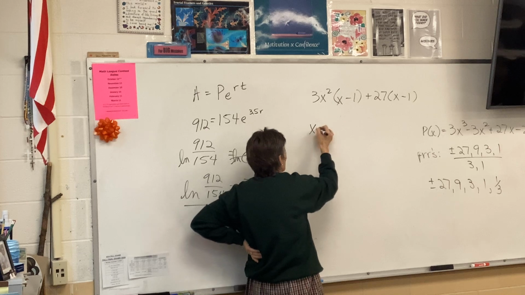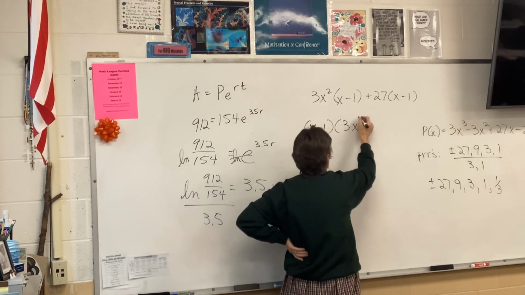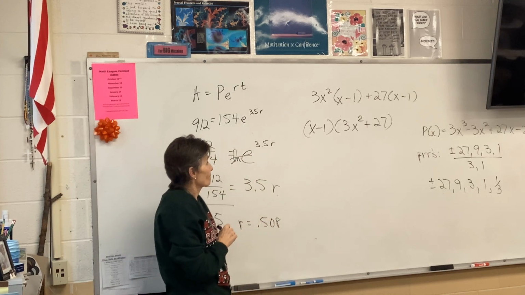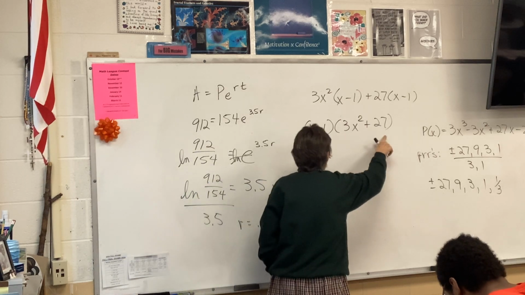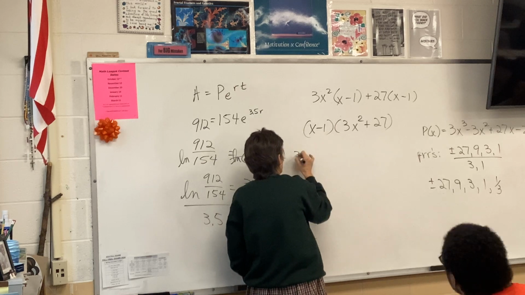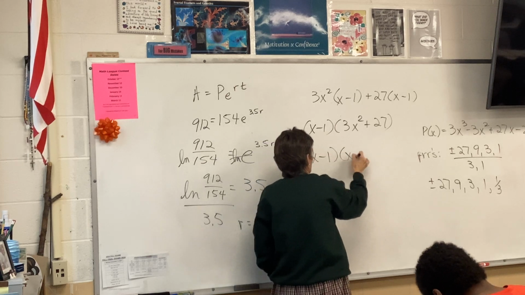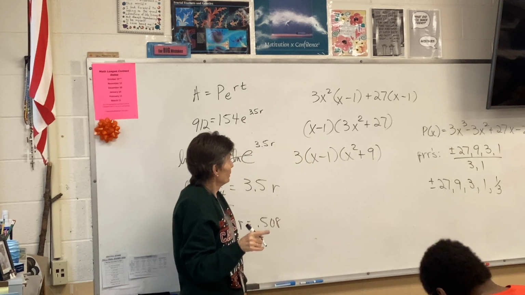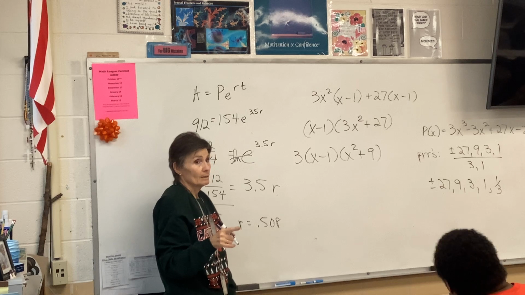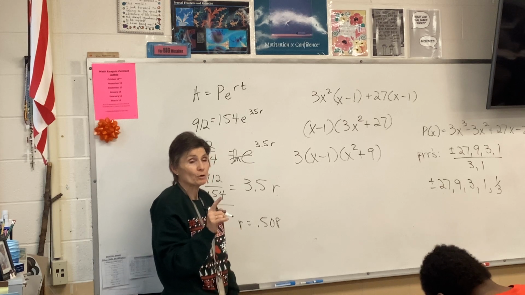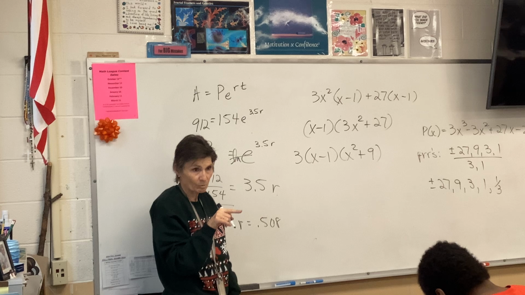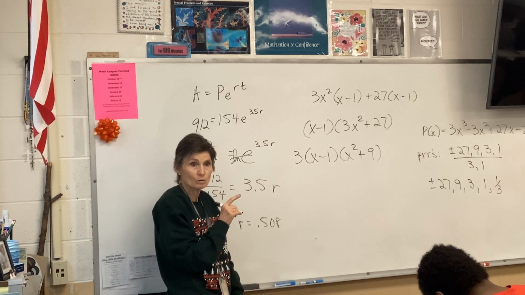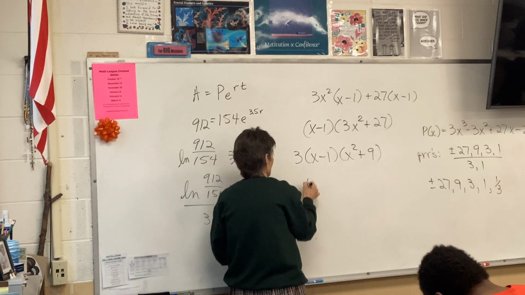So we get our common x minus 1, and then we have 3x squared plus 27. Can I do anything with that? Take out a 3, and that leaves me with x squared plus 9. Okay, that doesn't factor. If you're going to do x plus 3, x minus 3, it has to be x squared minus 9. It has to be the difference of squares. So we're done factoring.